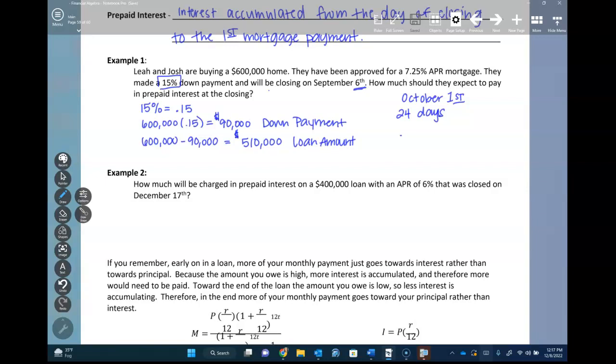To calculate the interest, we first have to figure out our annual interest rate. Annual meaning once a year, because that's the information that it gives us. It tells us that our APR, our annual percentage rate, is 7.25%, which is 0.0725 as a decimal.